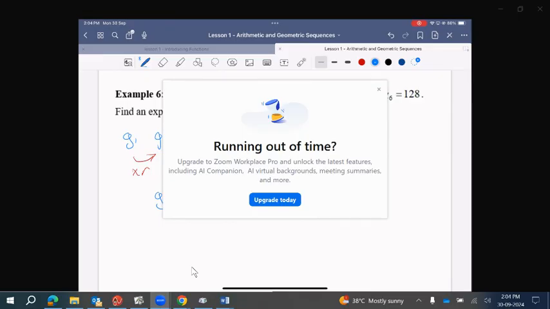So putting our values in, we get 128 is equal to negative 2 multiplied by r cubed. That means r cubed is equal to negative 64. What's the cube root of 64? Is it 4? So that would give us minus 4.